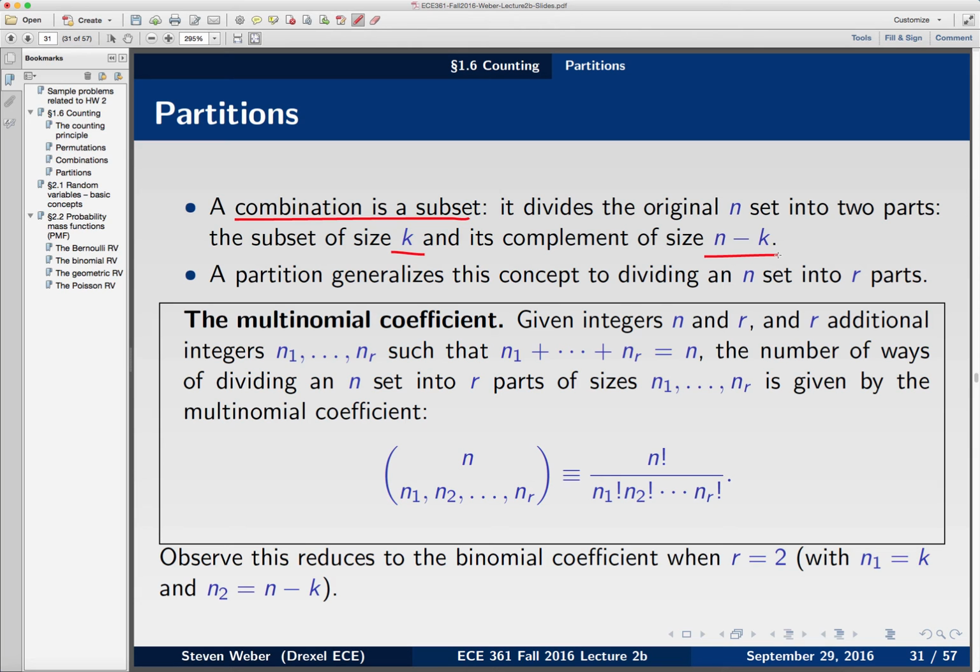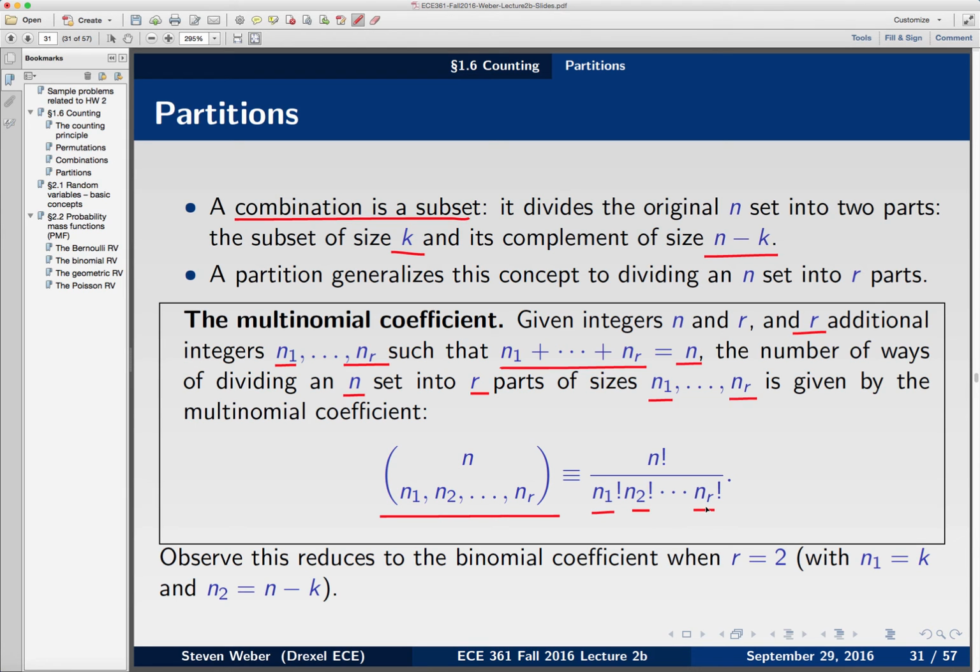In particular, given integers n and r, and additional integers n1 through nr, where those r additional integers must have the property that if you add them all up, you get n, then we can define the number of ways of dividing an n set into r parts, where the r parts have sizes n1 through nr, by the multinomial coefficient n choose n1, n2, nr, defined as follows. The ratio of n factorial over n1 factorial, n2 factorial, and nr factorial.